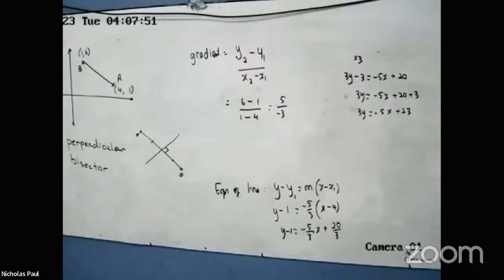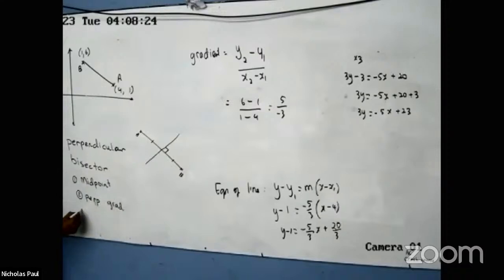Any ideas how to get it? What are the steps? What's the first thing I need? Midpoint, yes. That's the first thing we need, the midpoint. What's the next thing we need? Gradient. So we need the perpendicular gradient.